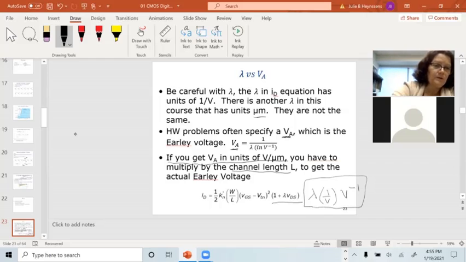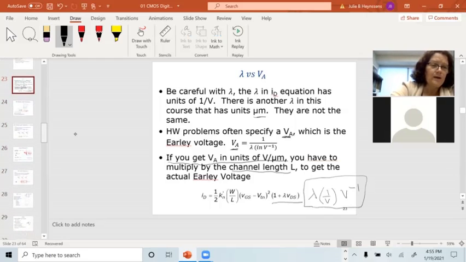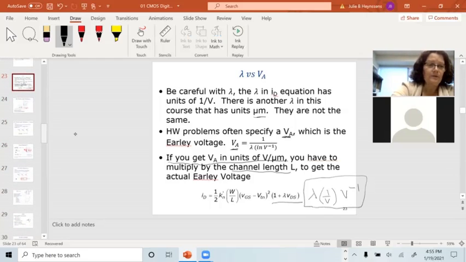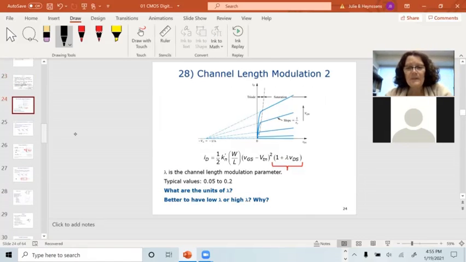This is my explanatory slide because I explained it many, many times in office hours. So there's the channel length modulation parameter, 1 plus lambda VDS. Typical values are from 0.05 to 0.2. It has units of per volts.